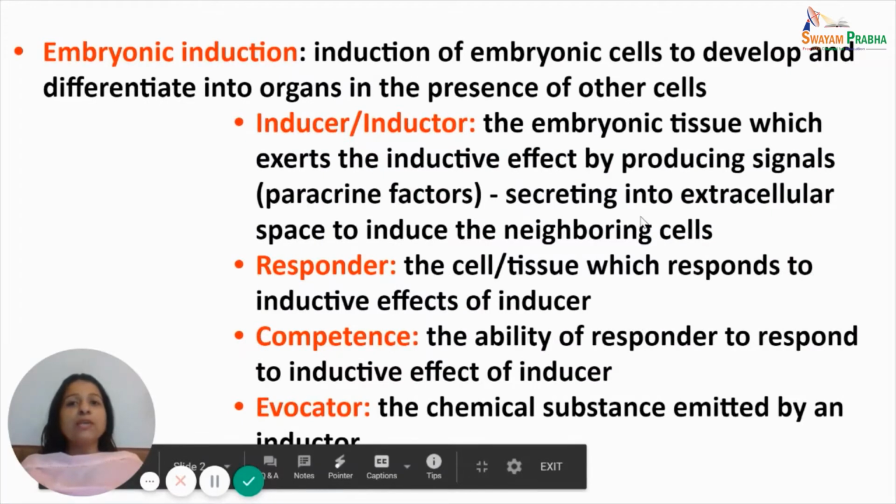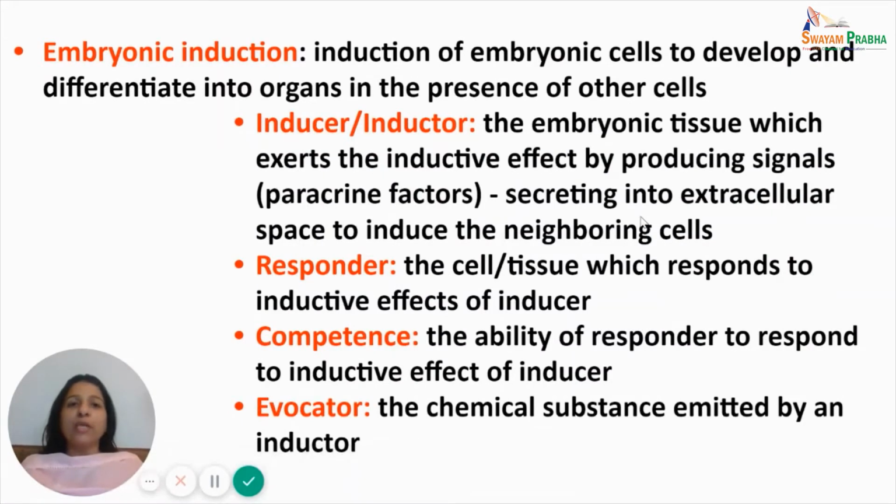So embryonic induction is the induction of embryonic cells to develop and differentiate into organs in the presence of other cells. Here we have two major tissues, the inducer and the responder. Inducer or the inductor is the embryonic tissue which exerts the inductive effect by producing signals in the form of paracrine factors.